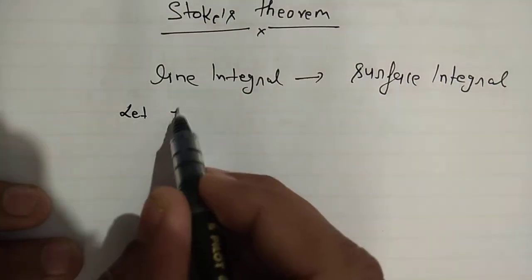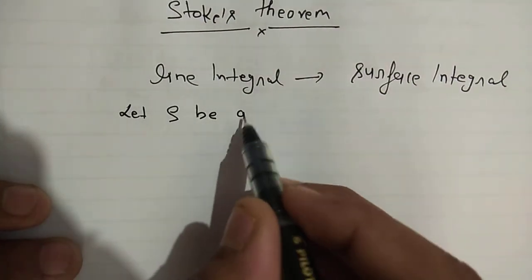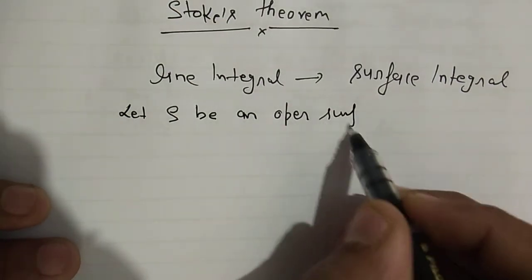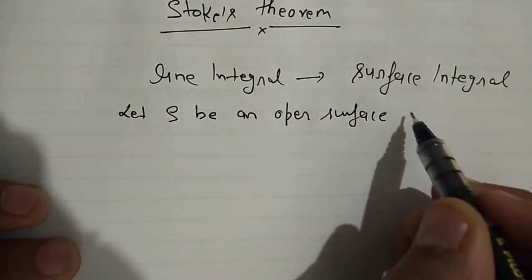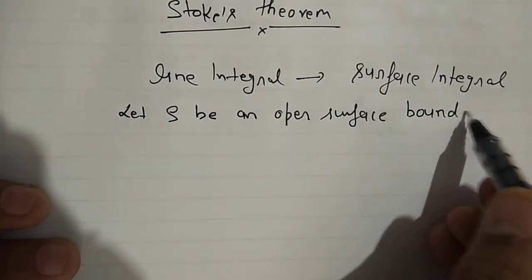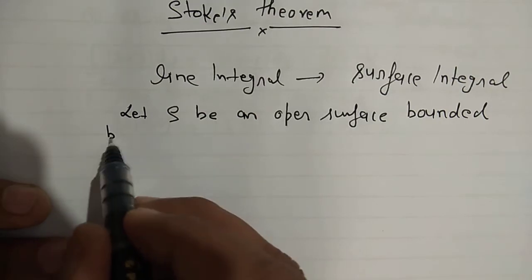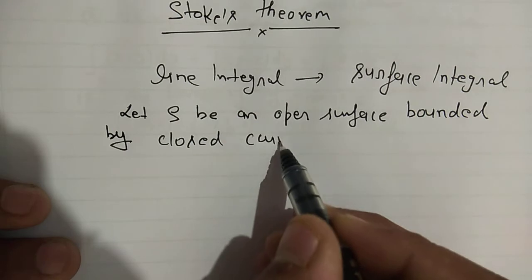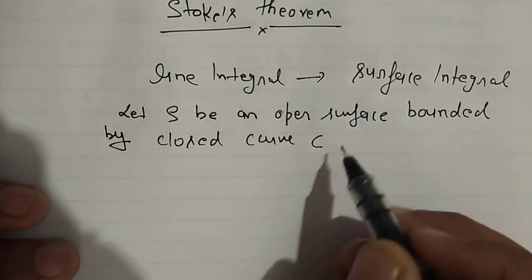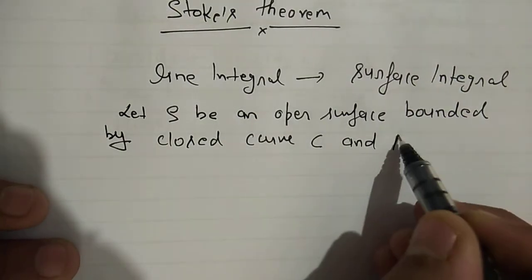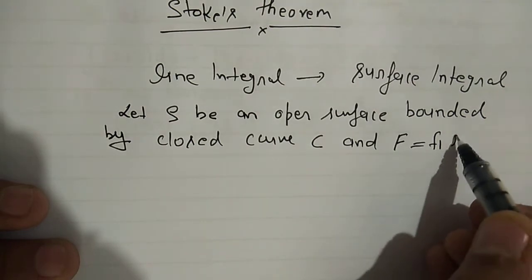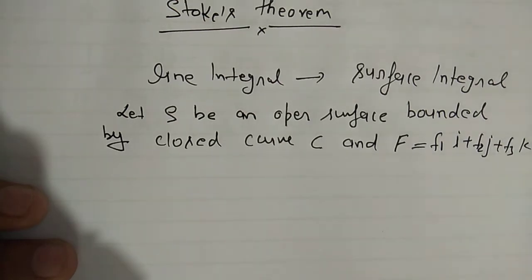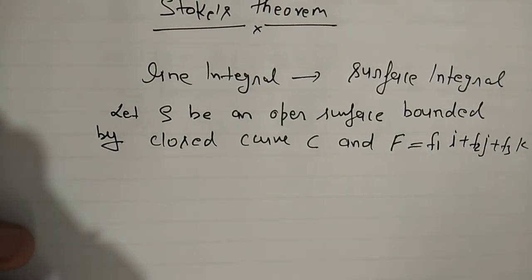Let S be an open surface bounded by closed curve C, and F is the 3D vector F1 i plus F2 j plus F3 k, where F1, F2, F3 are functions of x, y, z.